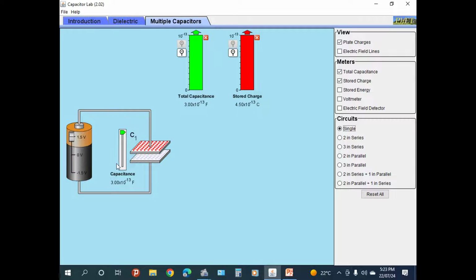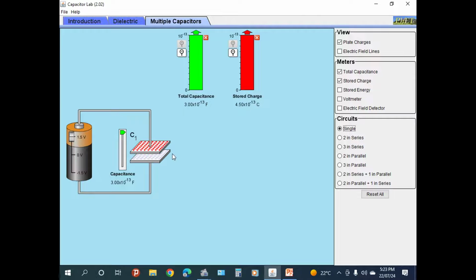So the charge stored in this capacitance is 4.5 times 10 to the power of minus 13 coulombs, and the total capacitance of the capacitor is 3 times 10 to the power of minus 13 farads.